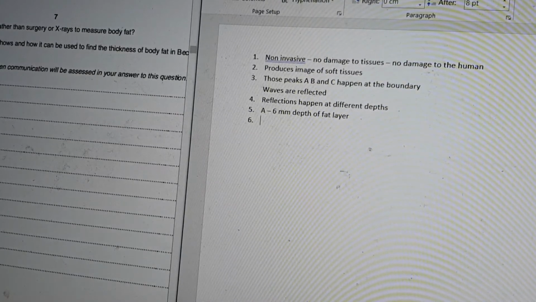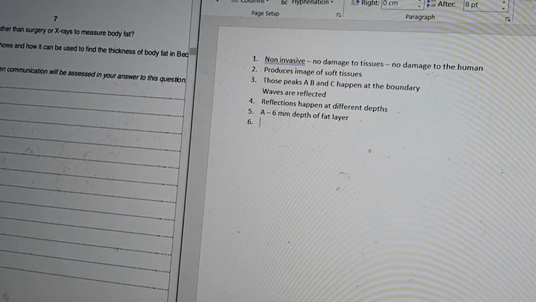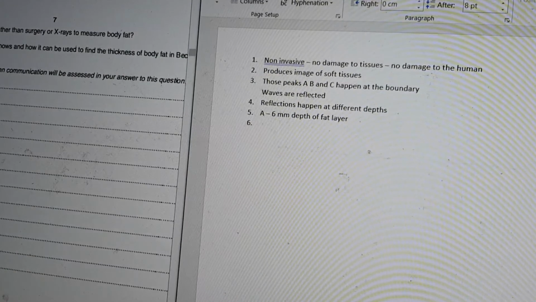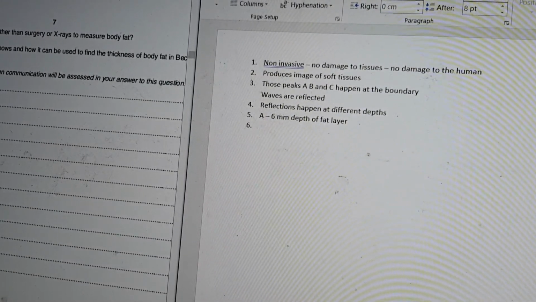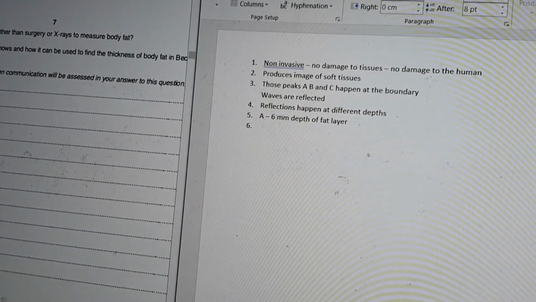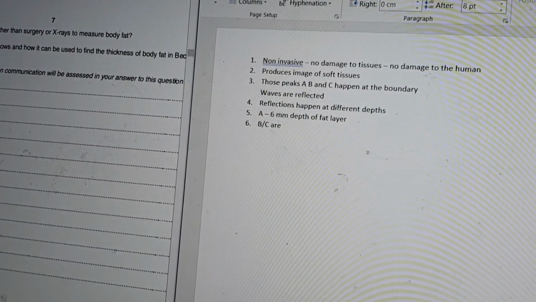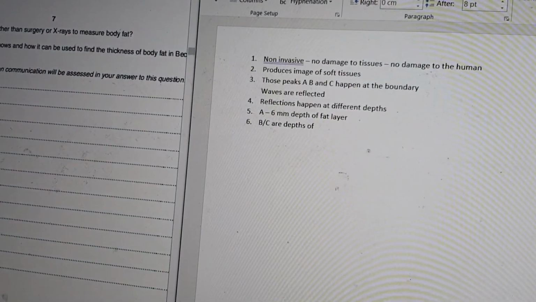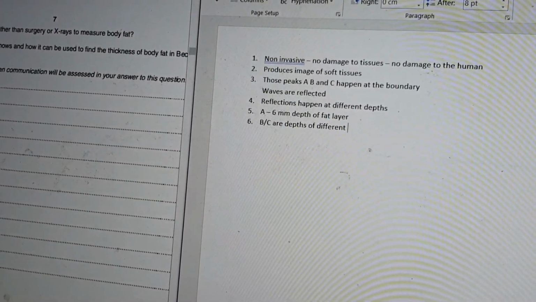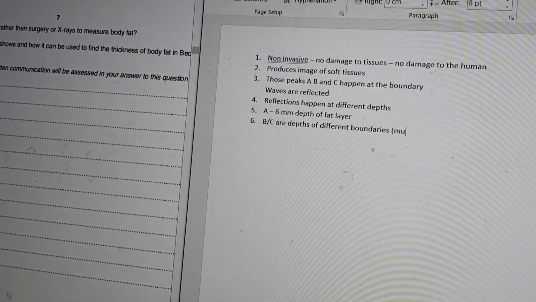We've said that the reflections happen at different depths. And you can say that B and C are depths of different boundaries, so it could be the muscle layer or the muscle-bone layer.